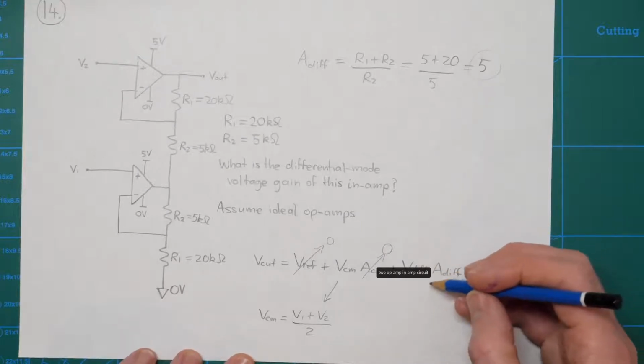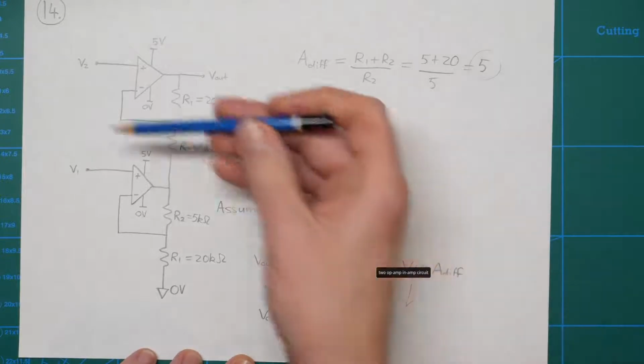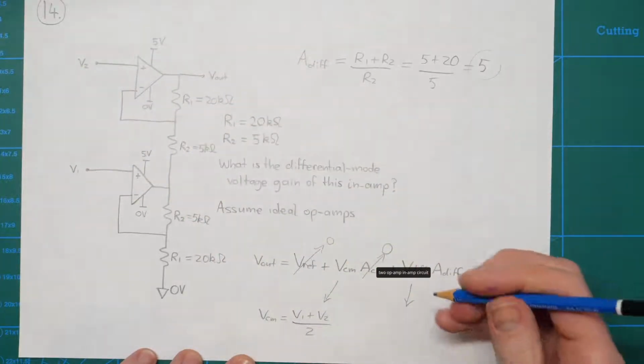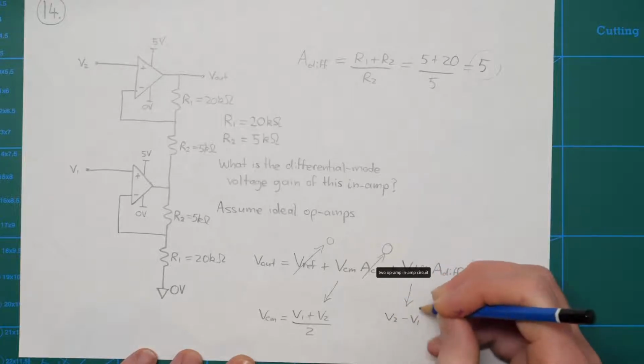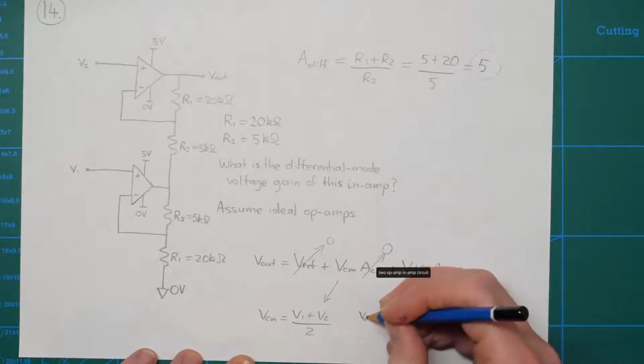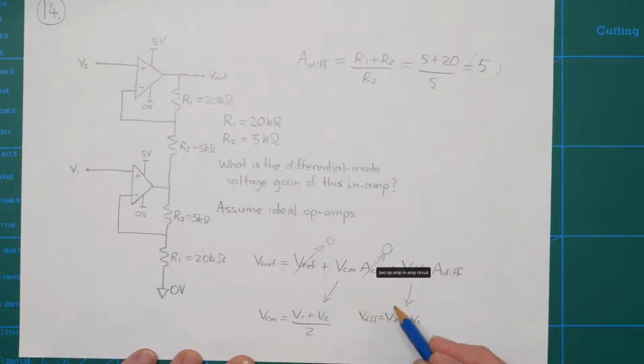What you're actually trying to amplify is VDiff, the difference in voltage between two electrodes. This would be V2 minus V1, and this is what you're really interested in getting. So this is the good stuff that you're trying to amplify, and the common mode is horrible and you're trying to get rid of it.